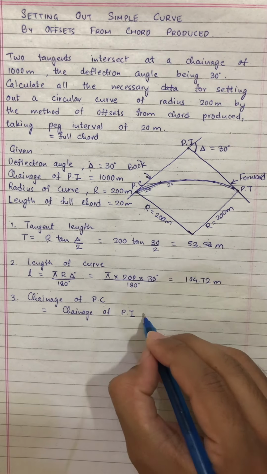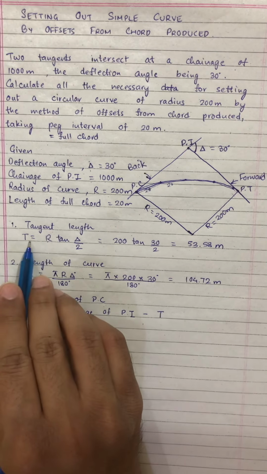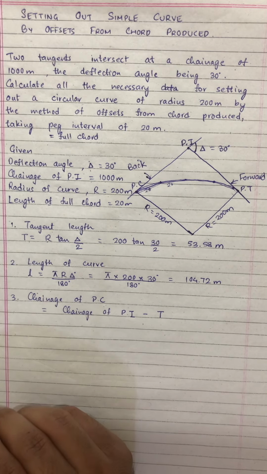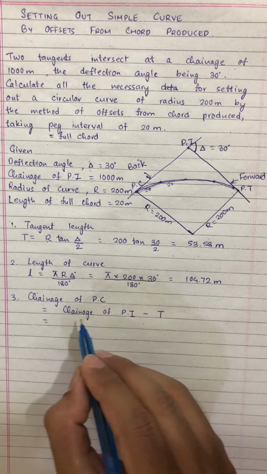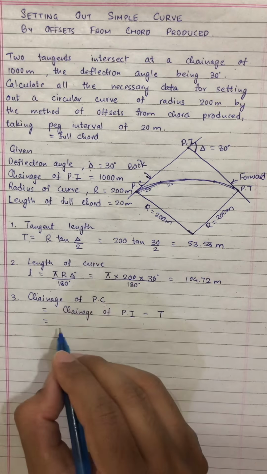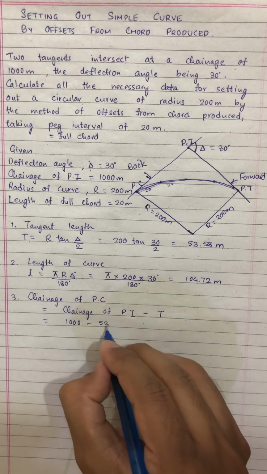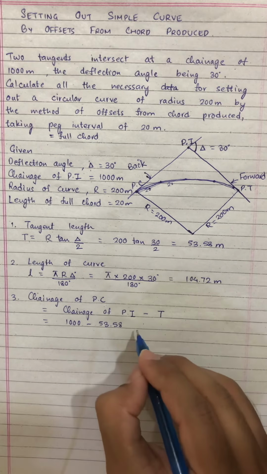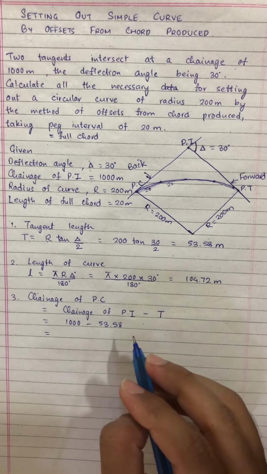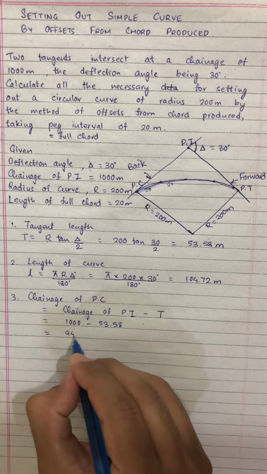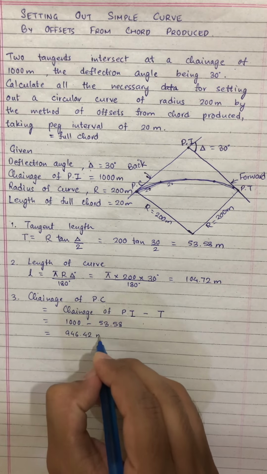Chainage of PI is 1000 meters and tangent length is 53.58. So chainage of PC comes out to 946.42 meters.